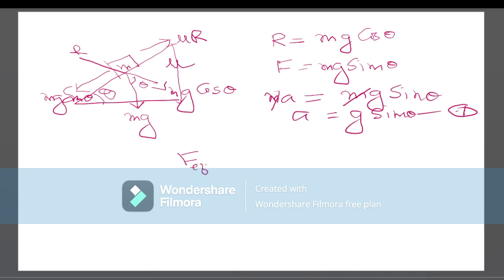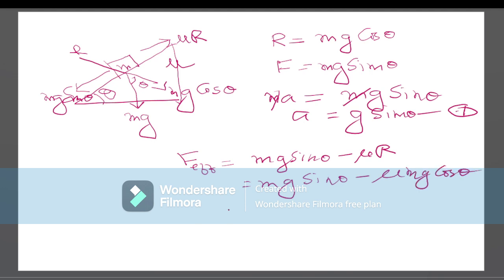F effective will be simply mg sine theta minus mu R. So mg sine theta is simply like this, and mu R is mu mg cos theta. So if you take out the mg, then this will be sine theta minus mu cos theta.